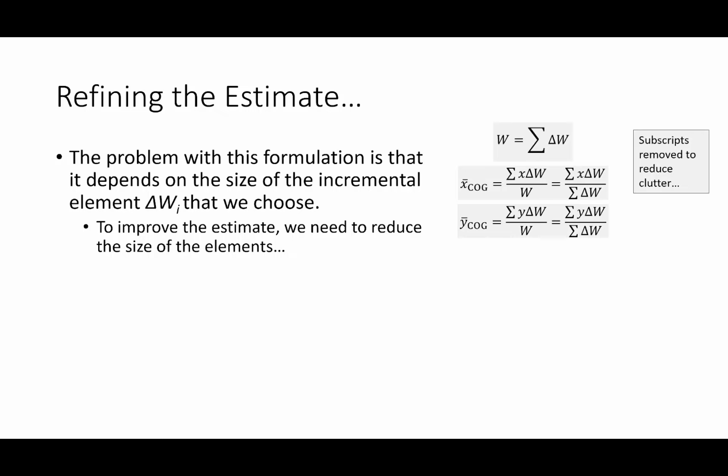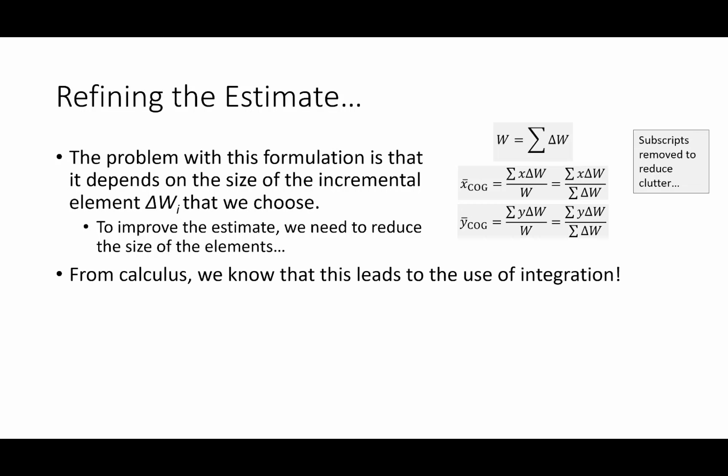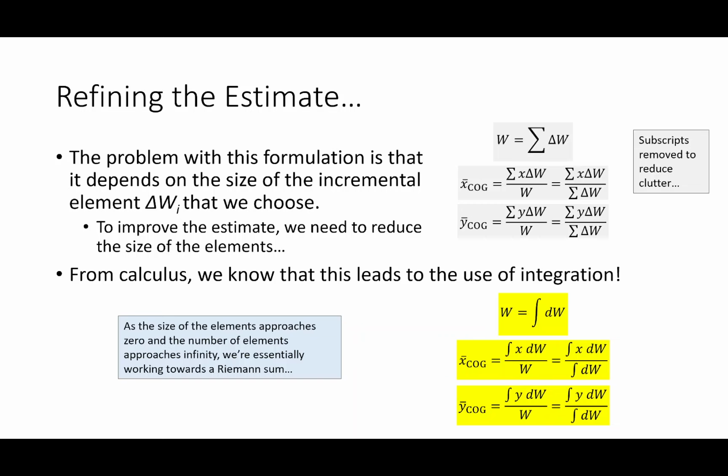Well, what I'm going to do is take those delta W's and make them smaller and smaller and smaller and add them up. That just leads to integrals. So instead of writing the sum, I can write it as an integral. The weight is just integrating that region.